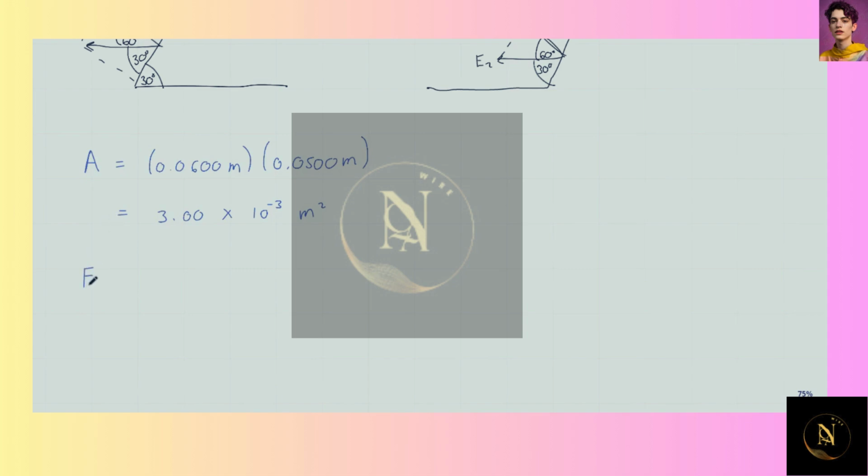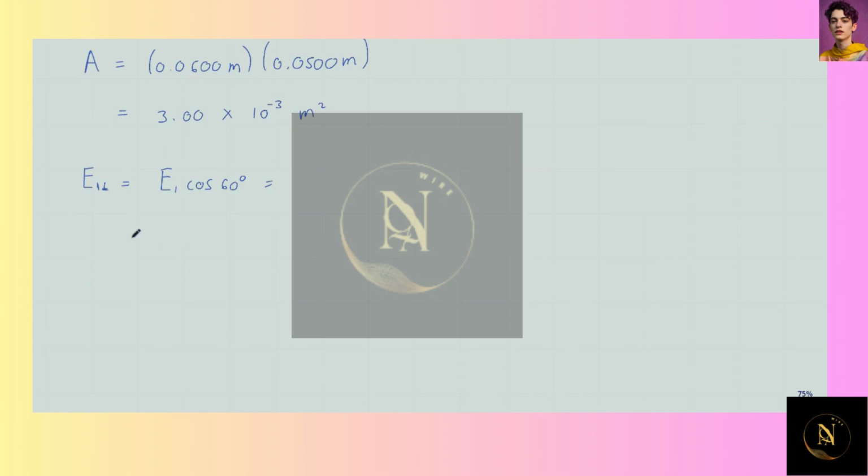The component of the electric field parallel to the surface, we'll call it E1 parallel, is equal to E1 times the cosine of 60 degrees.